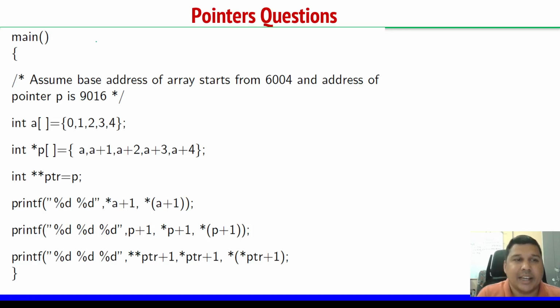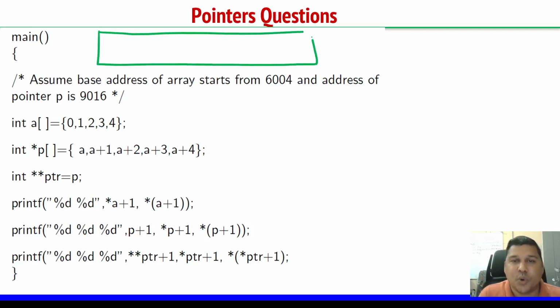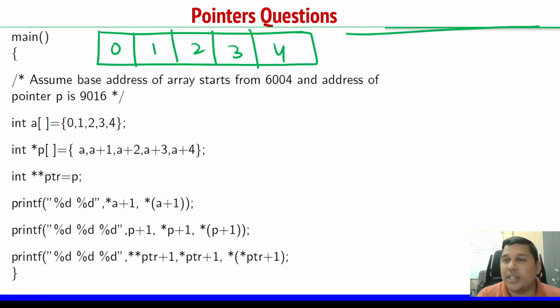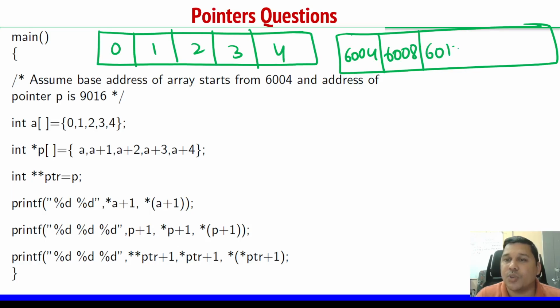Same data again. Again I will try to draw the same box for our easy understanding. You also please draw it on paper. You have 0, 1, 2, 3 and 4. Then you have another array with some addresses: 6004, 6008, 6012, 6016, 6020.